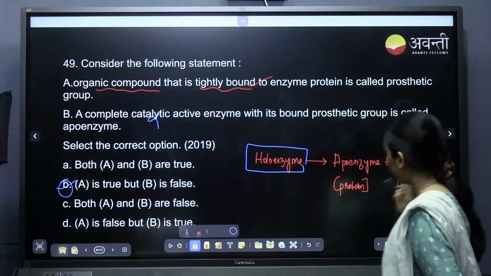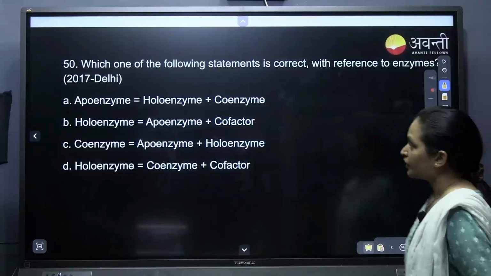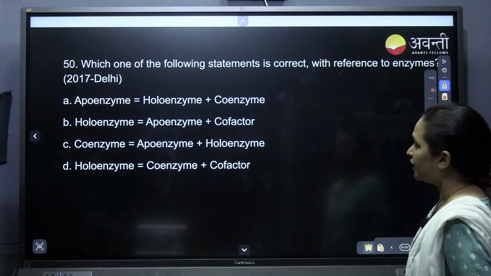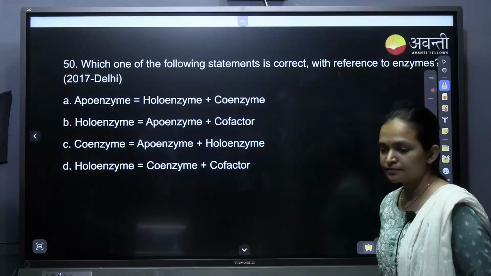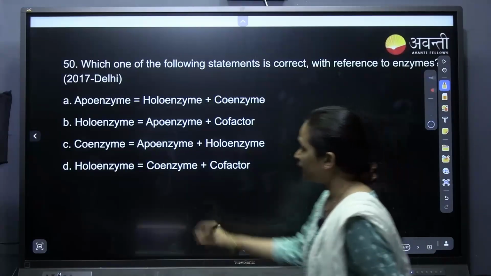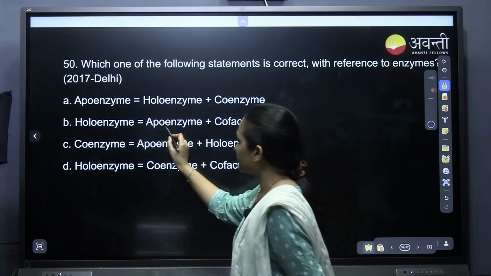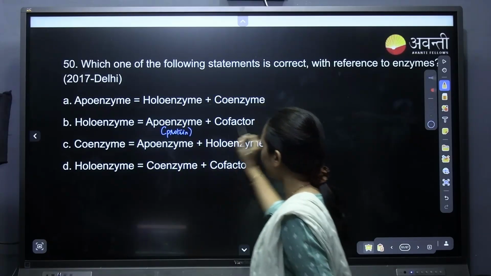Any doubts? Just tell me any doubts. Which one of the following statements is correct with reference to the enzymes? Oh, we just discussed. Just tell me the answer. Option B. Holoenzyme is equal to apoenzyme plus cofactor. Apoenzyme means it is made up of protein. And what are the cofactors?